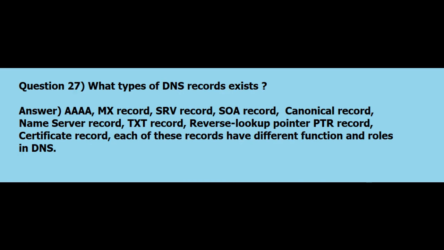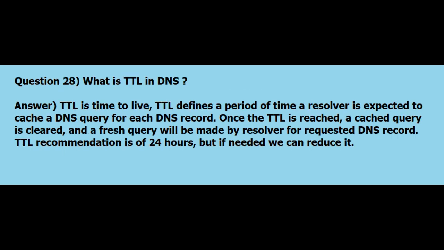What types of DNS records exist? Answer. AAAA, MX record, SRV record, SOA record, canonical record, name server record, TXT record, reverse lookup pointer PTR record, certificate record. Each of these records has different functions and roles in DNS. Question 28. What is TTL in DNS? Answer.